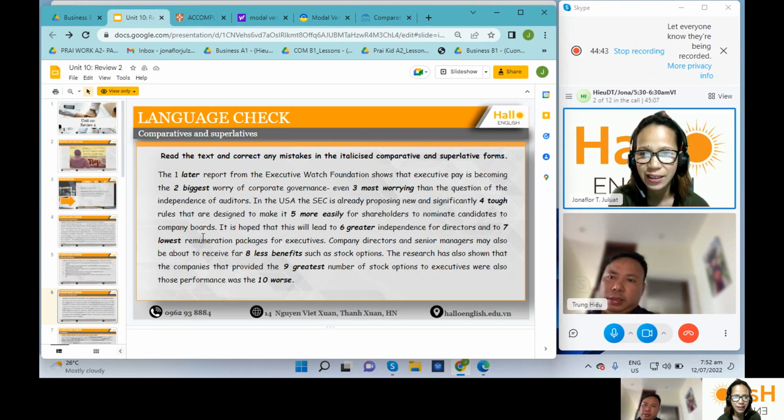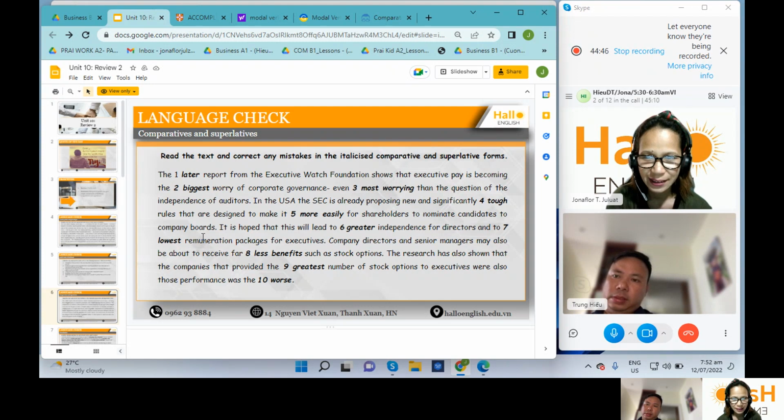And the research has also shown that the companies that provide a limited number of stock options, the executive performance was the worst.